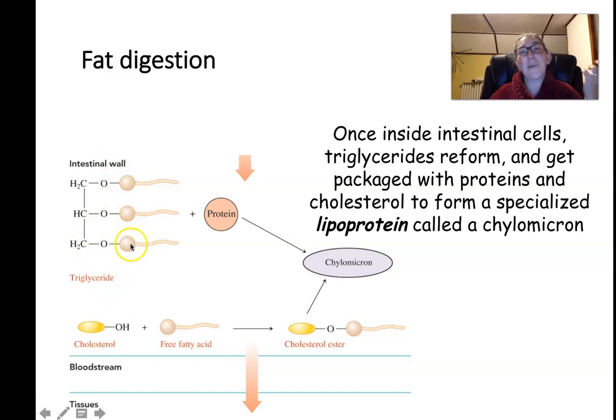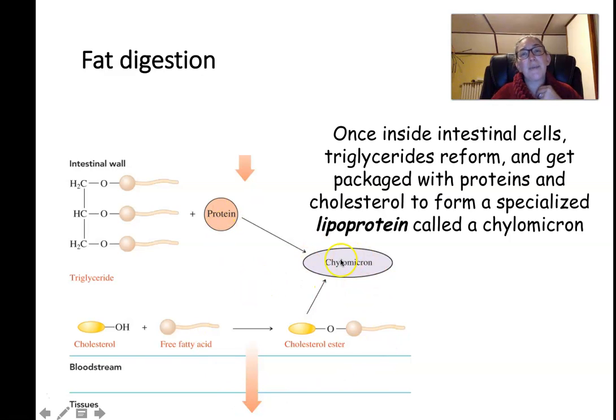But they're still nonpolar, and we can't transport them through the blood very well. So they actually get absorbed into the lymphatic system, into the lacteal. And when we transport them in the blood, we package them in proteins and phospholipid packages that are called lipoproteins. So a lipoprotein is made up of phospholipid, like a phospholipid micelle, with proteins embedded in it.